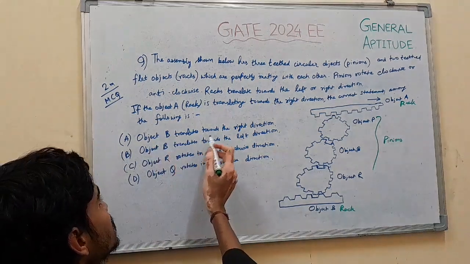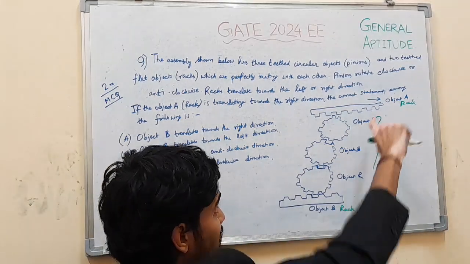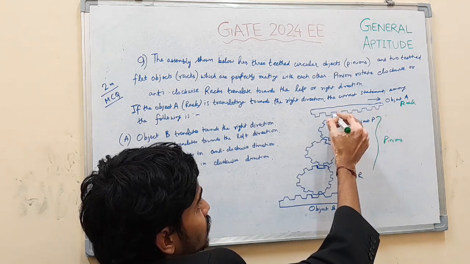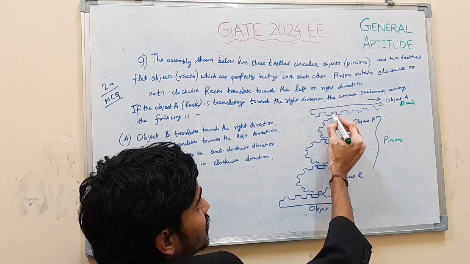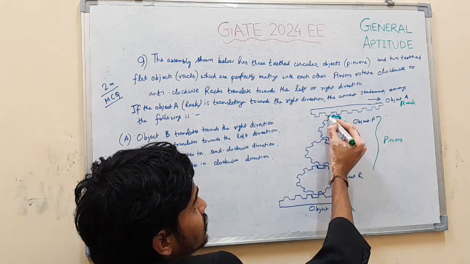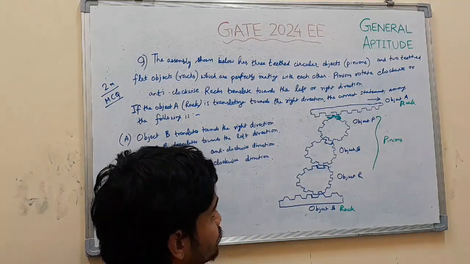First option is object B translates towards the right direction. Let's see what will happen if object A moves towards the right. Object A is moving towards the right, so it will push this pinion in this direction. What direction is this? This is clockwise direction.